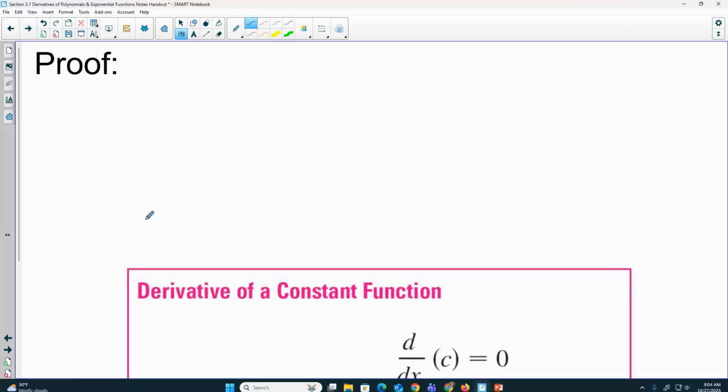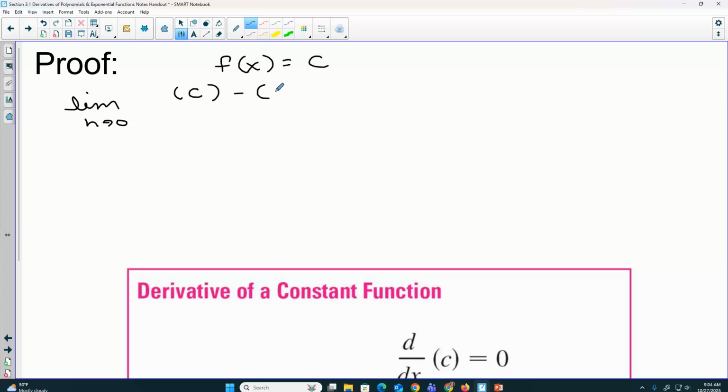All right, I'm not going to prove all of these, but I'll give you this one. If you were reading a calc book, they would give you the proof of it, the explanation. If our function is just a constant, the derivative is the limit as h approaches 0 of f of x plus h. What's f of x plus h? Just c.